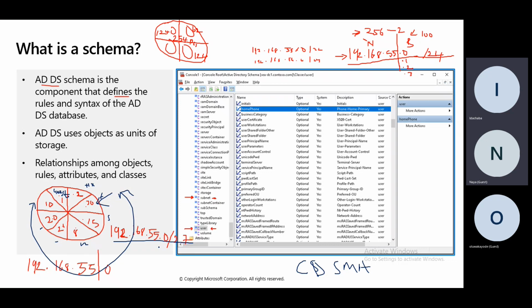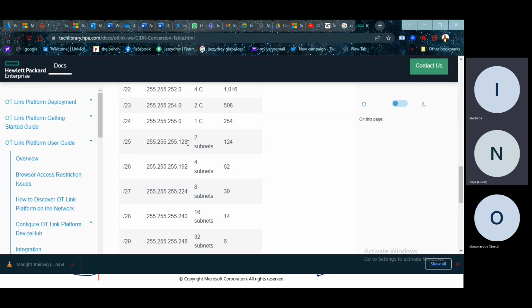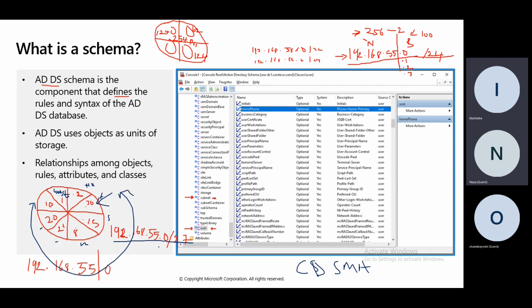You will see this is .0, and you now begin to see .128, .192. You understand? This is 0. I know you were not taught very well. Don't worry, I'll teach you.